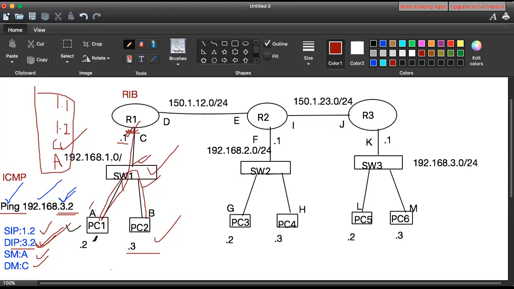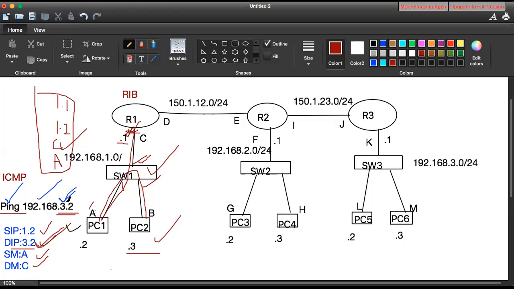But since we are receiving the reply from .1, that means R1 doesn't know how to forward it, right? So that's another point where you can start troubleshooting by looking at the output, saying okay, destination host unreachable from .1, that means the issue is in R1. Let me log in to R1 and check, rather than logging into router 2 and R3 and troubleshooting.